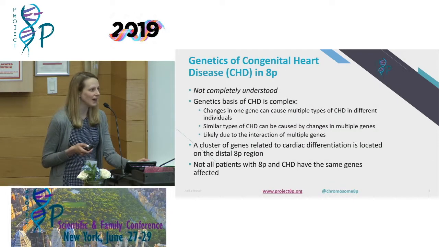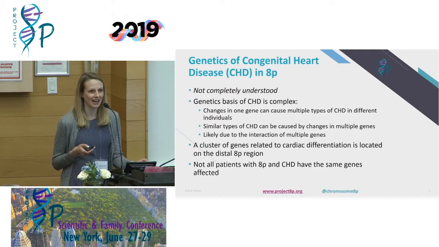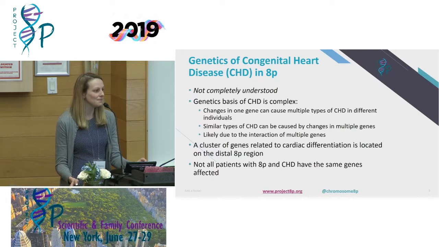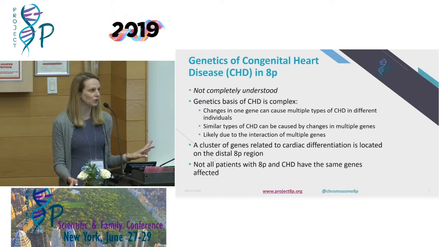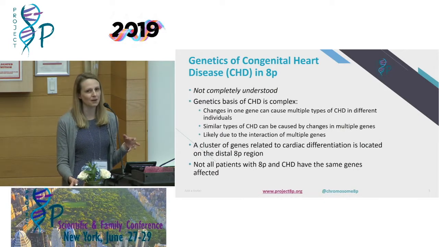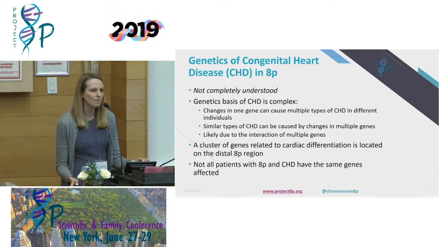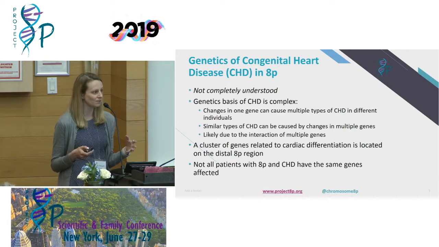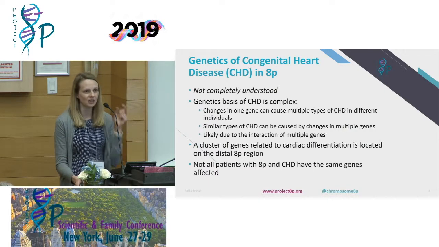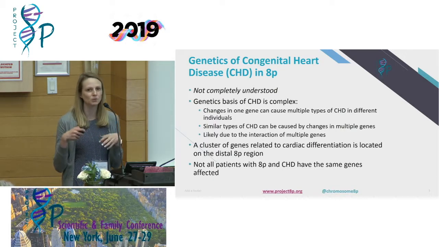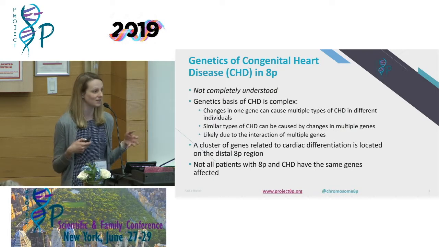In general, the genetics of congenital heart disease in 8P is not completely understood. We still have a lot to learn. And for all people who have congenital heart disease, the genetic basis of it is very complex. We know that changes in some genes can contribute to congenital heart disease, but we really don't understand the full spectrum of that. Changes in one single gene can cause multiple different types of heart disease in different individuals.